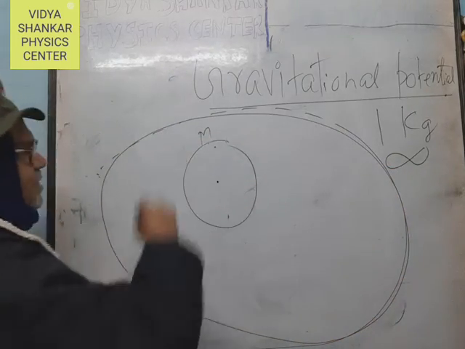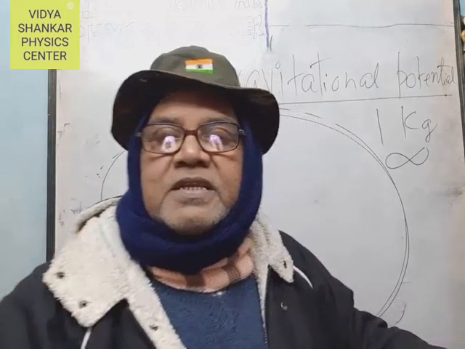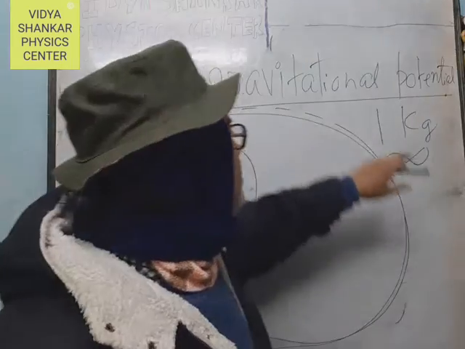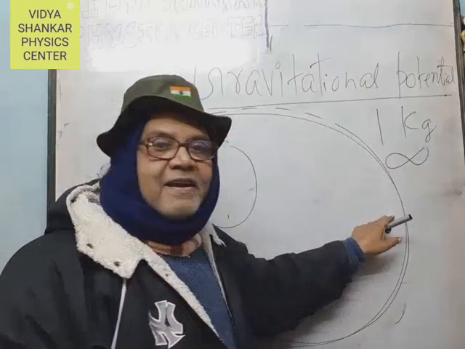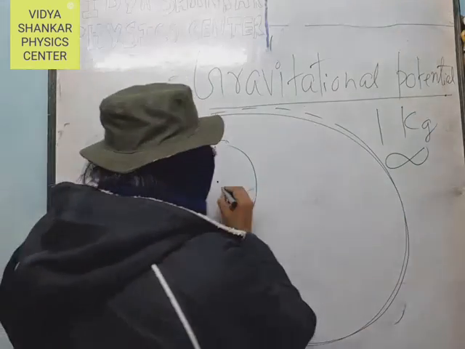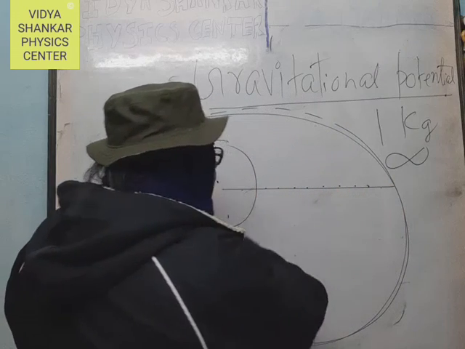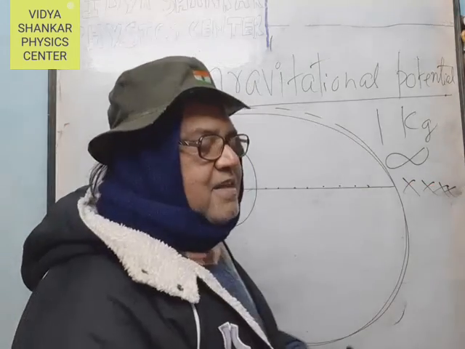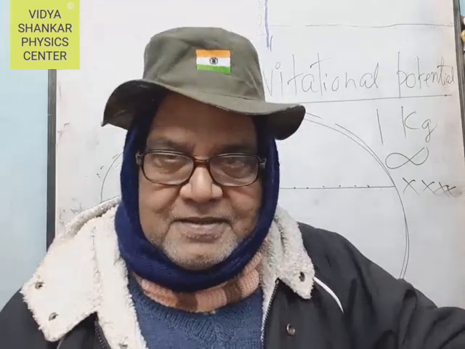This inside the gravitational field, you have to follow. Gravitational potential is the work done in bringing unit mass from infinity to a point in the gravitational field, not outside the gravitational field. Inside, not outside. Three factors are important to explain the gravitational potential.